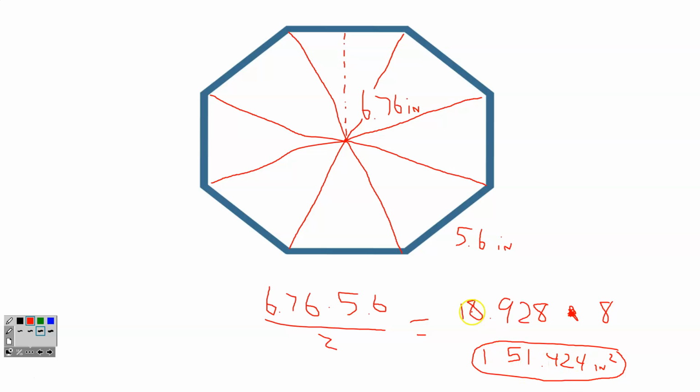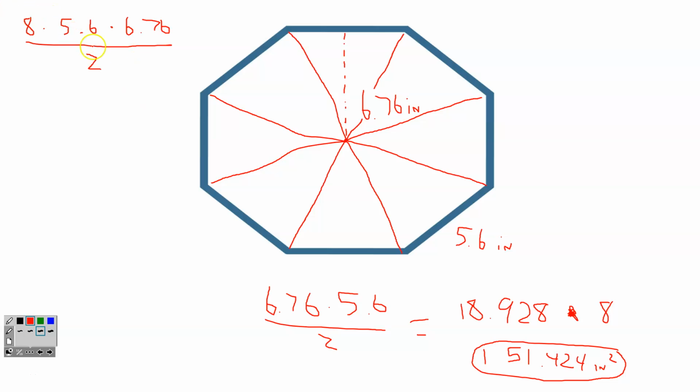The formula method, the one that you just learned, is this. Number of sides, which is 8, times the length of one side, which is 5.6, times the apothem, here's my apothem, which is 6.76, and then remember to divide it by 2.